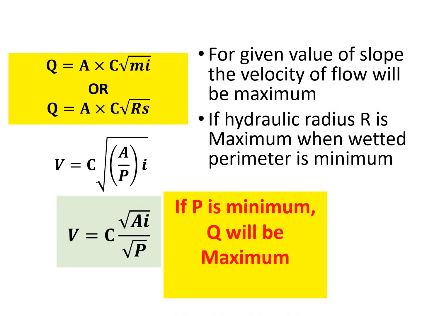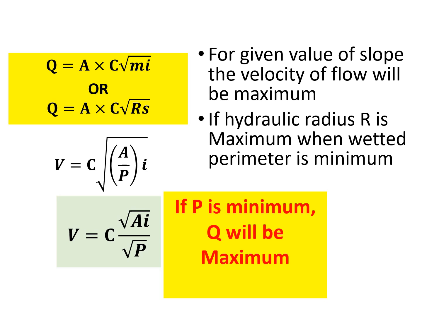For a given value of slope, the velocity of flow will be maximum. The discharge can be calculated as area into velocity. Here the velocity is given by the Chezy equation, C root over m into i, or C root over R into S. The hydraulic radius R is maximum when the wetted perimeter is minimum.